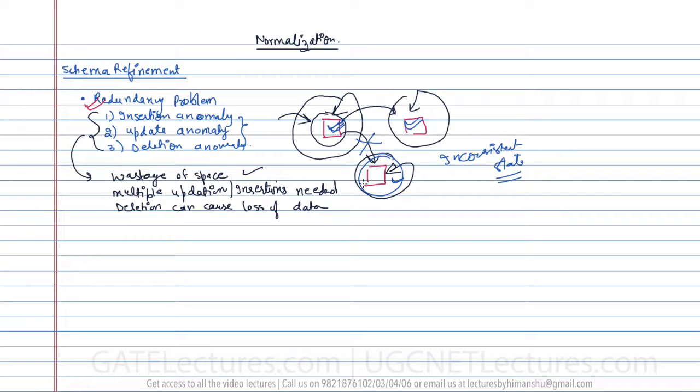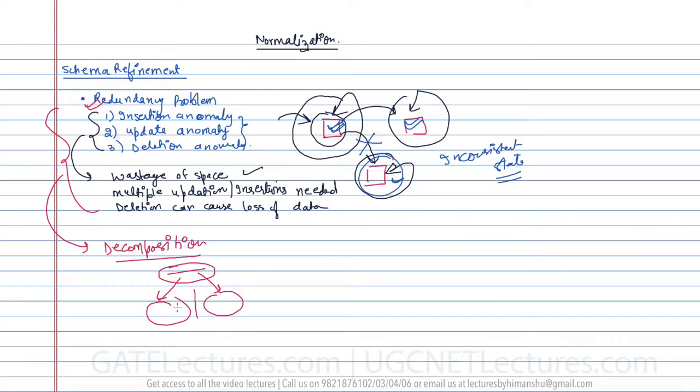so that we will not be facing any problems related to this. Okay, and to remove these anomalies, there's something which is required, and that is called decomposition. This decomposition is important, because decomposition means if you have a complete relation or a table, you may be required to divide this table into multiple tables.